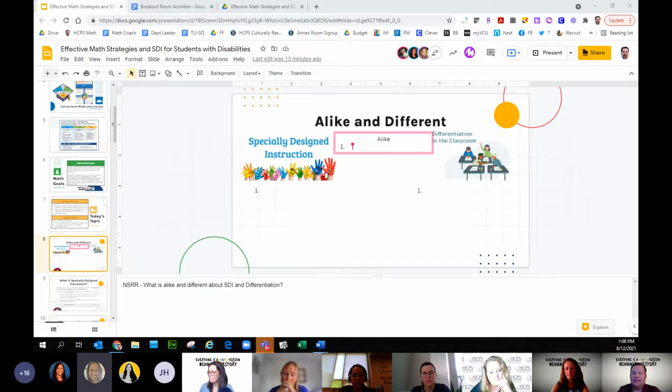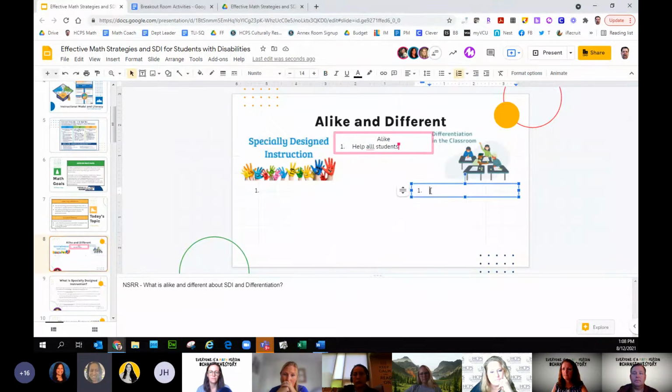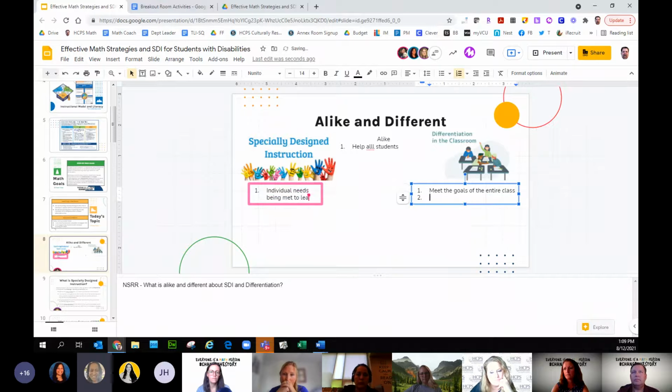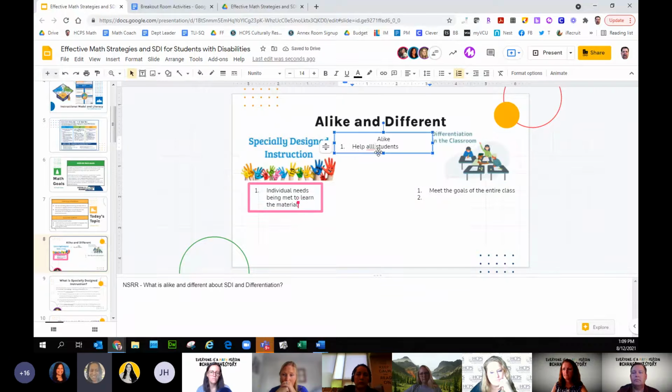Differentiating in the classroom attests to meeting the goals of the entire class, whereas specially designed instruction is meeting a student that has individual needs to learn the material. So the differentiation piece speaks to the entire class. When we know students are not getting what they need, we generally change some processes.